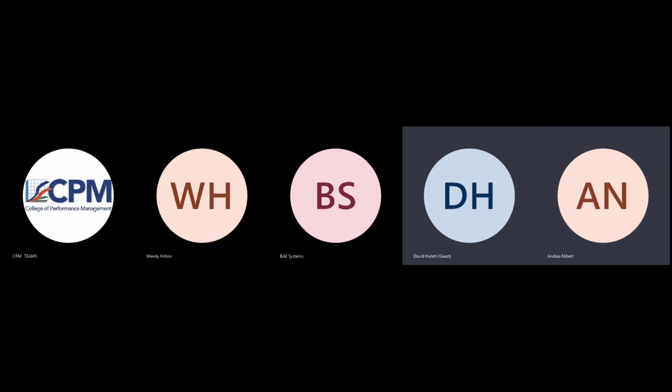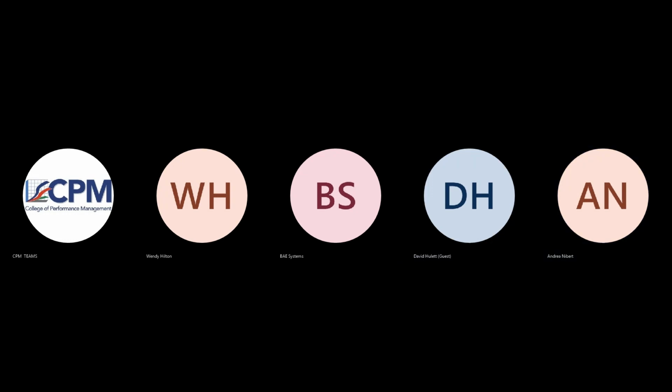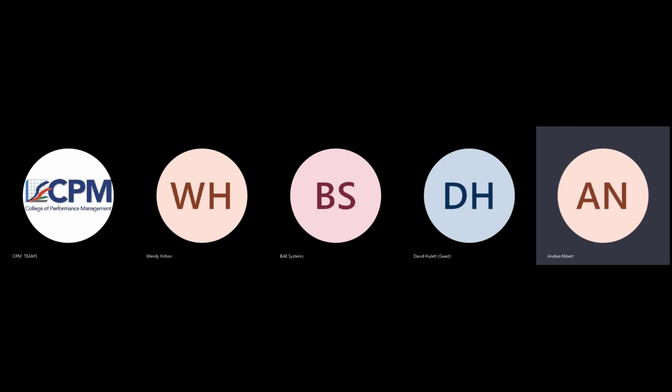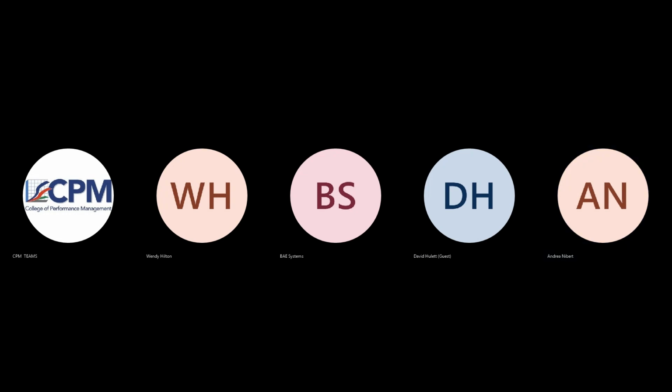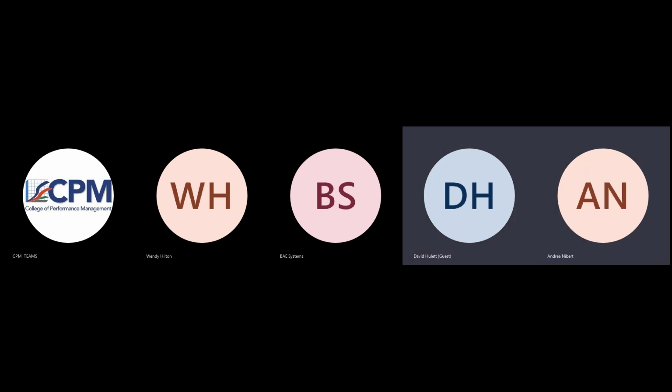So the purpose of today's discussion is to continue with the discussion that we started last time about capturing, going into more details of change and what that really looks like. So I'll go ahead and start sharing my screen.